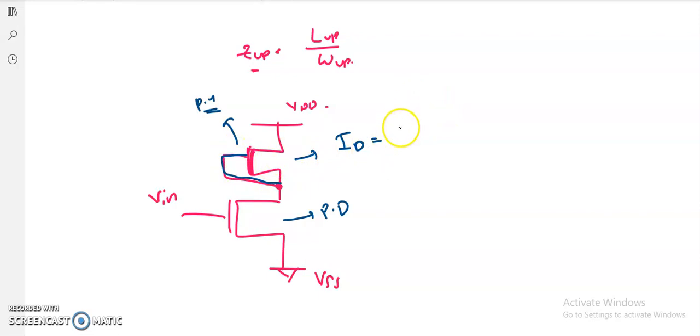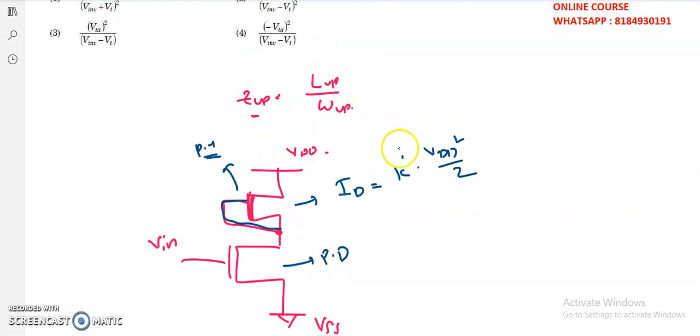Now in the saturation mode, the MOSFET's equation can be given as K dash, where K dash means mu naught COX W by L, this entire thing, into VDD square by 2. It is the MOSFET's saturation drain current equation, where K dash is nothing but mu naught COX W by L.